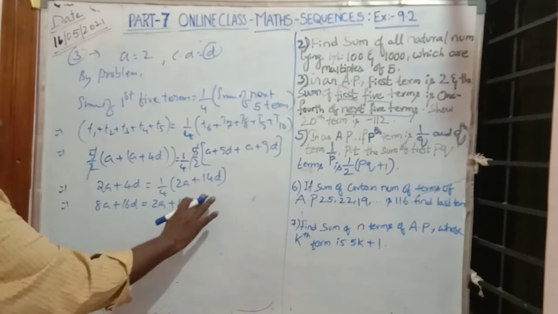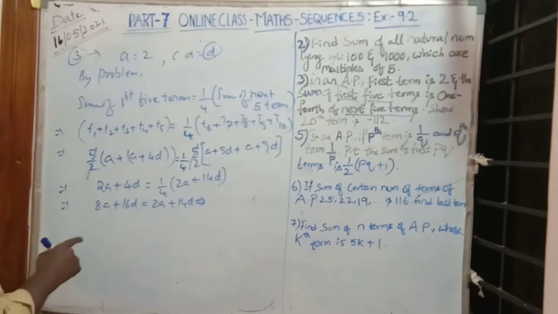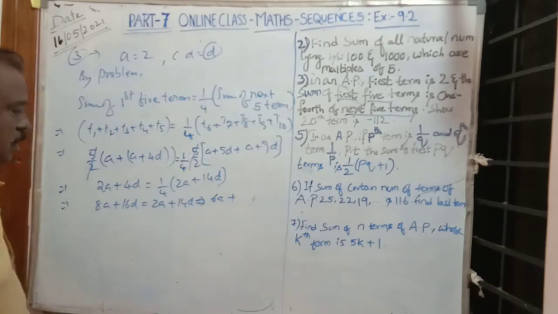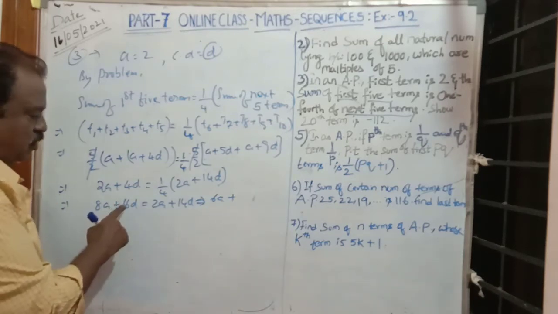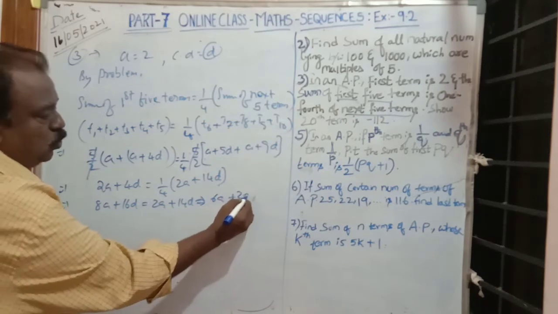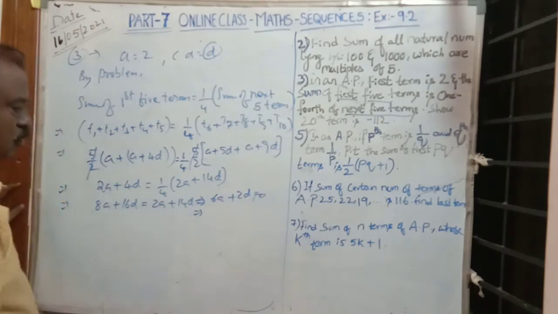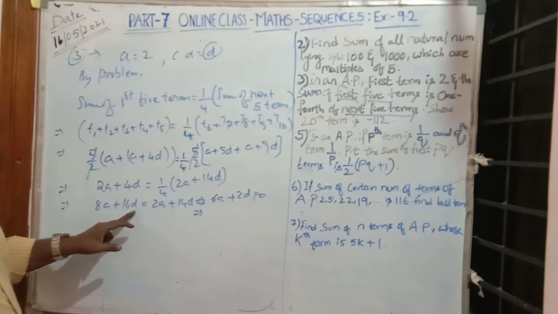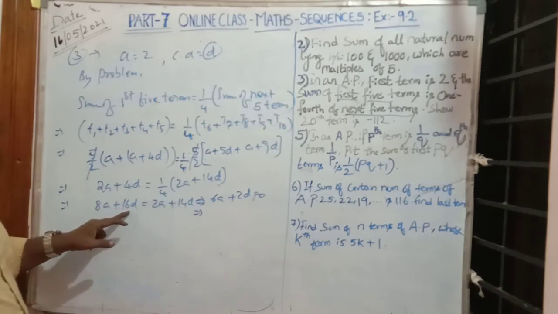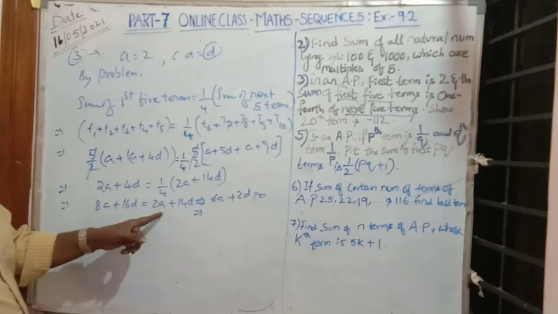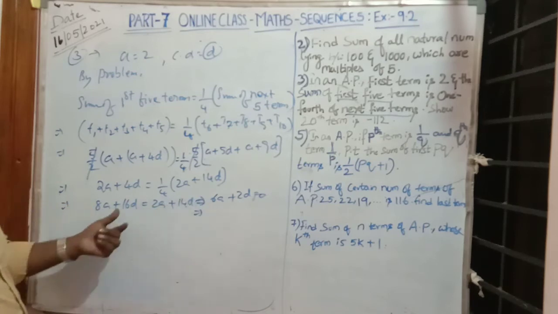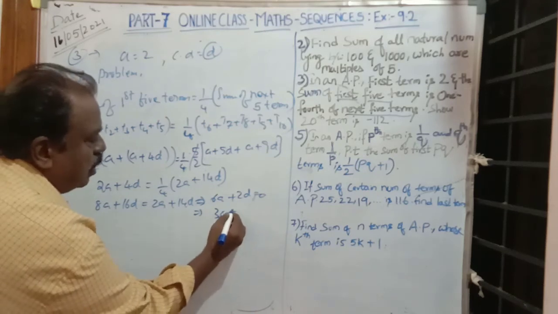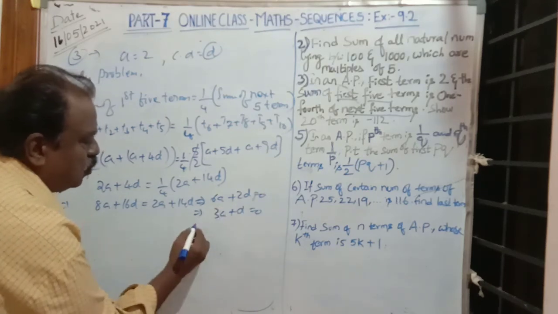Simplification: 8A minus 2A is 6A, and 16D minus 14D is 2D, so 6A plus 2D is equal to 0. That is 3A plus D is equal to 0, since 2 is common.